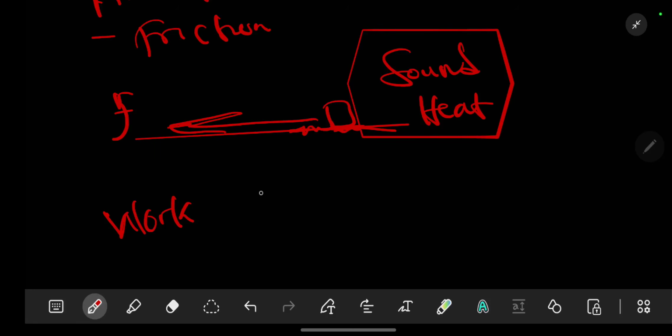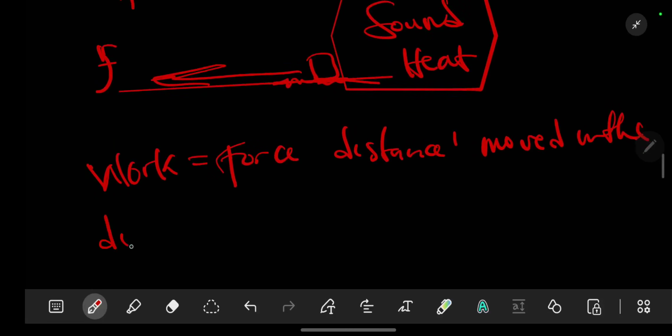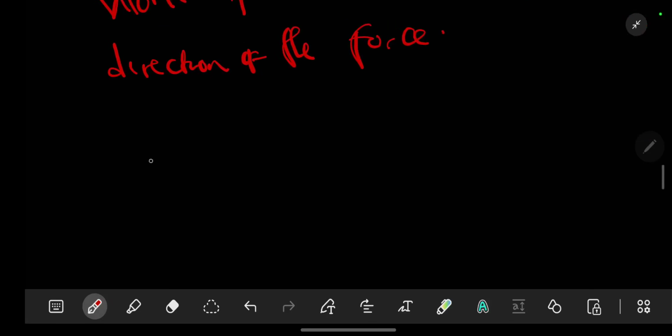So if a non-conservative force is there, mechanical energy, or rather the work, since we are dealing with work, remember from our previous video we defined work to be the product of the force and the distance moved in the direction of the force. So before I explain this, let me just finish.